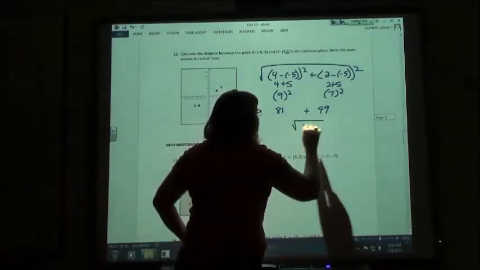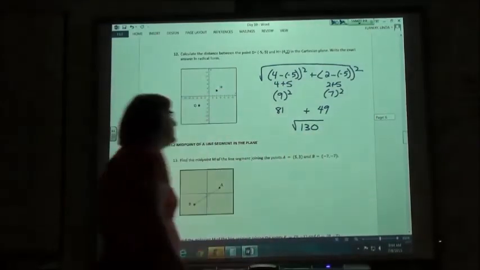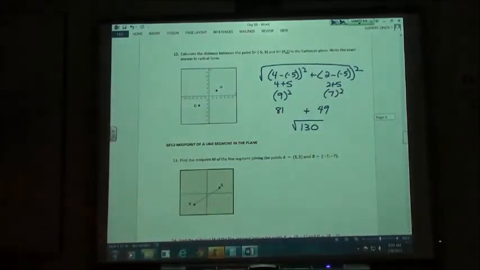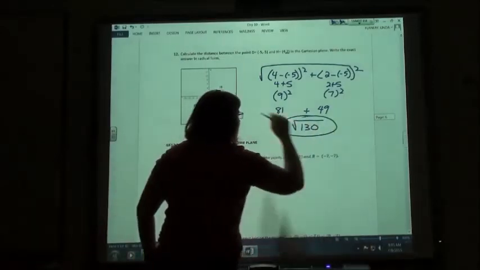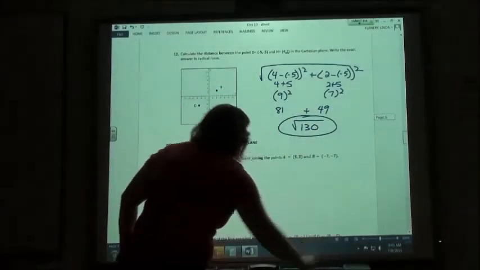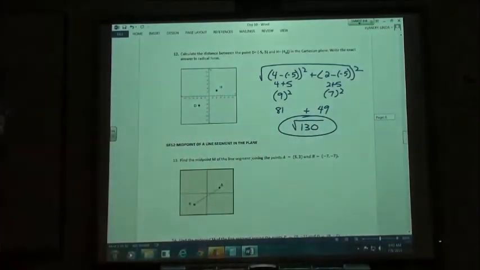So I'm going to have the square root of 130. I can't think of any perfect squares off the top of my head that divide evenly into 130. And since they don't require me to simplify it, I'm just going to leave it as the square root of 130. So that would be my answer.